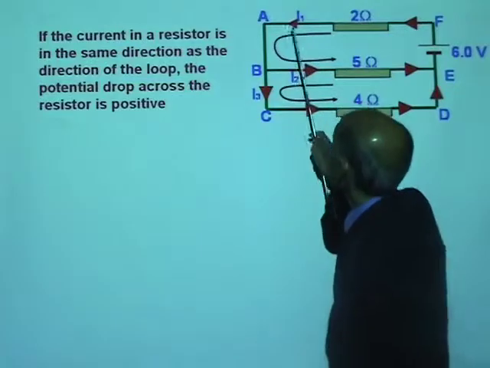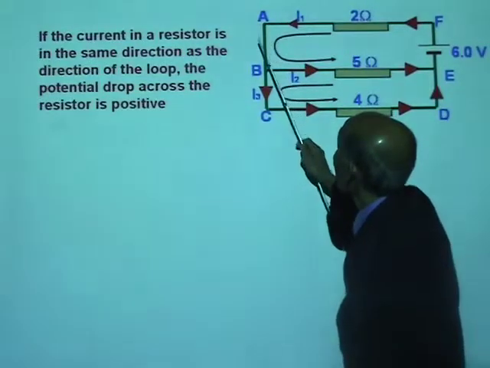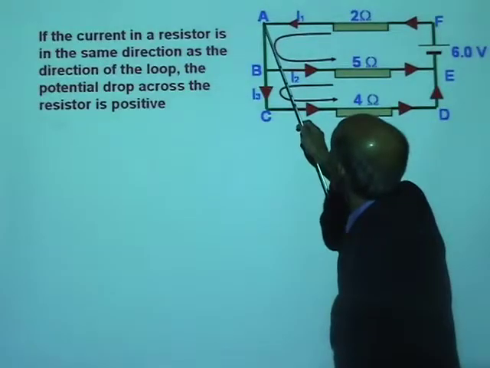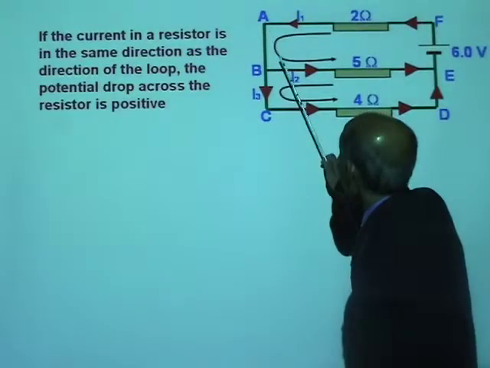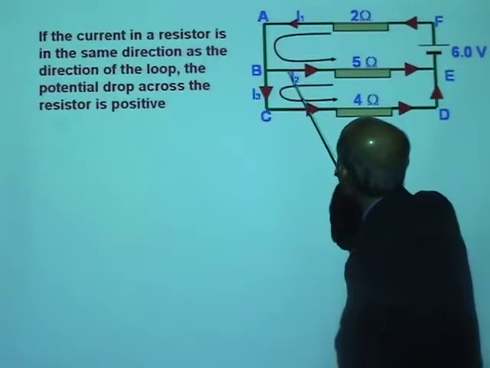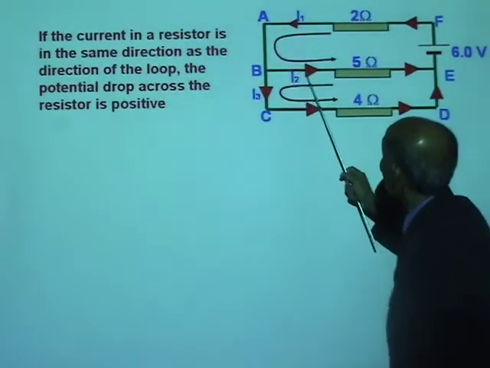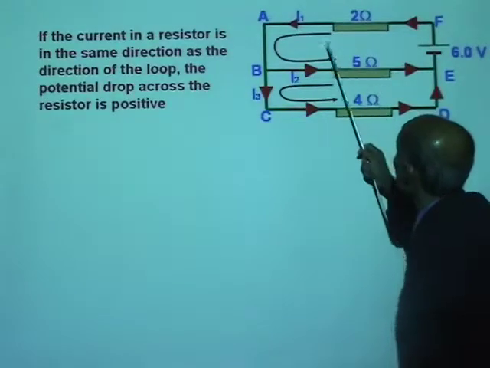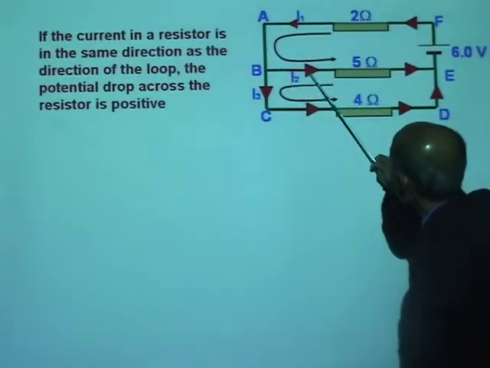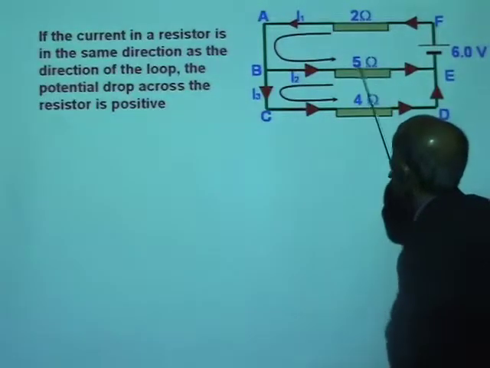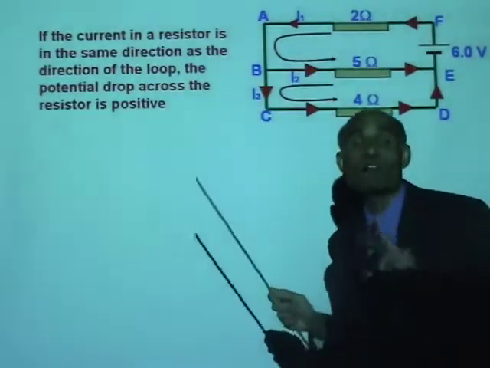For example, if you use the loop A, B, E, F, A, the current in the 5 ohm, I2, is in the same direction.